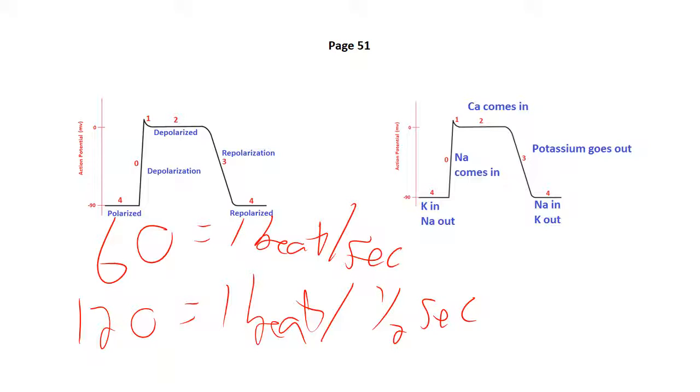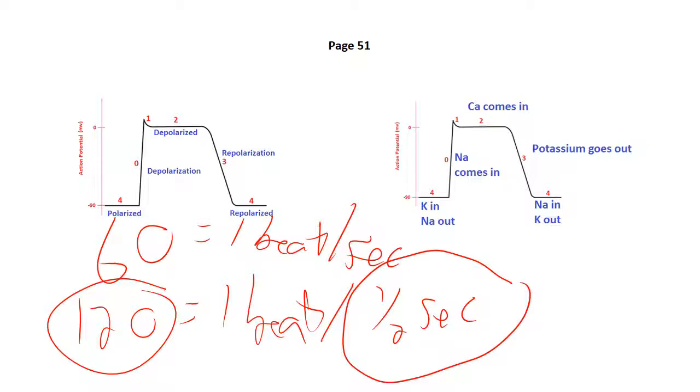So we see heart rates of 120 all the time. I mean, most people who are at all young and healthy can get on a treadmill and get themselves up to 120. But notice that this entire process then has to be able to take place faster than every half second. We need sodium to flow into the cell, a little potassium leave the cell, calcium start flowing in as potassium goes out.